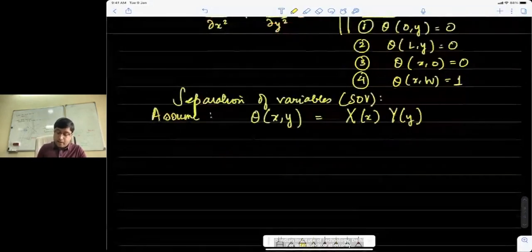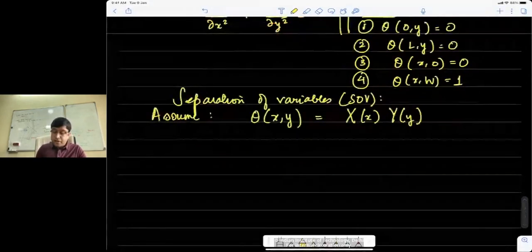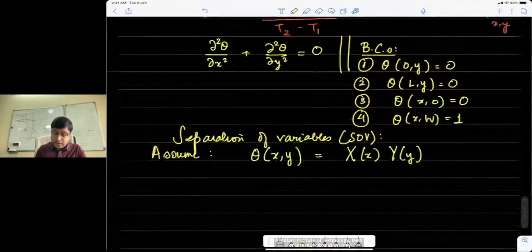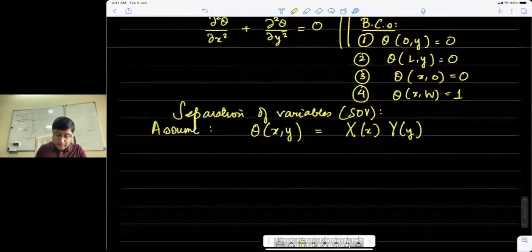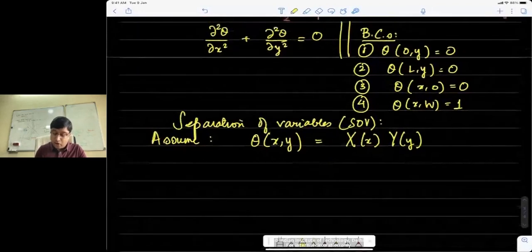So if I assume this and put it into this equation, I can then derive the modified governing equation. Remember, d2 theta dx square would now just have Y times d2X dx square, and d2 theta dy square will have just X times d2Y dy square.